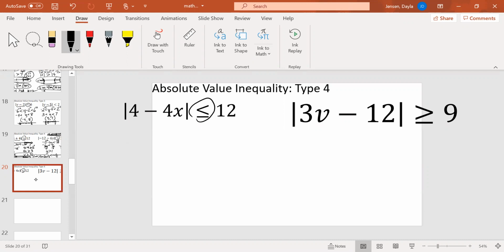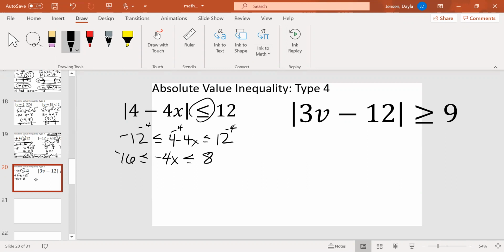So negative 12 is less than or equal to 4 minus 4x is less than or equal to positive 12. So subtract 4 from all 3 sides. So negative 16 is less than or equal to negative 4x is less than or equal to positive 8.